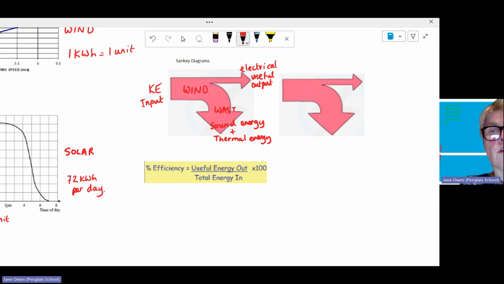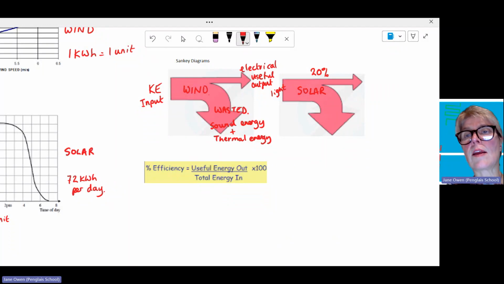We tend to draw the wasted going down and the useful going out along the top. Whereas if we look at the solar cell, a solar cell is roughly about 20% efficiency. With a solar cell, you've got radiation energy, or light energy, going onto it.